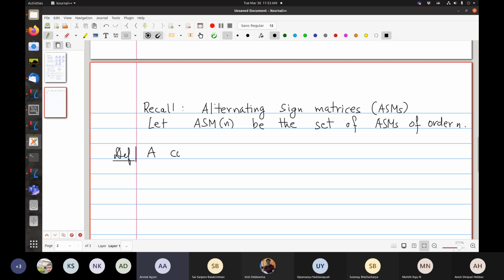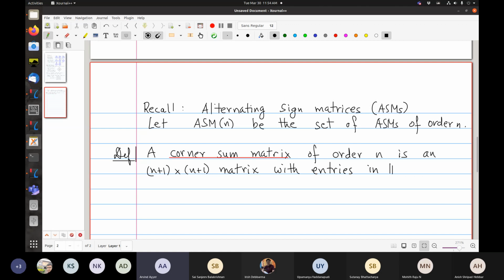So a corner sum matrix of order n is an n plus 1 by n plus 1 matrix with entries in the natural numbers such that the first row and column consists of zeros.